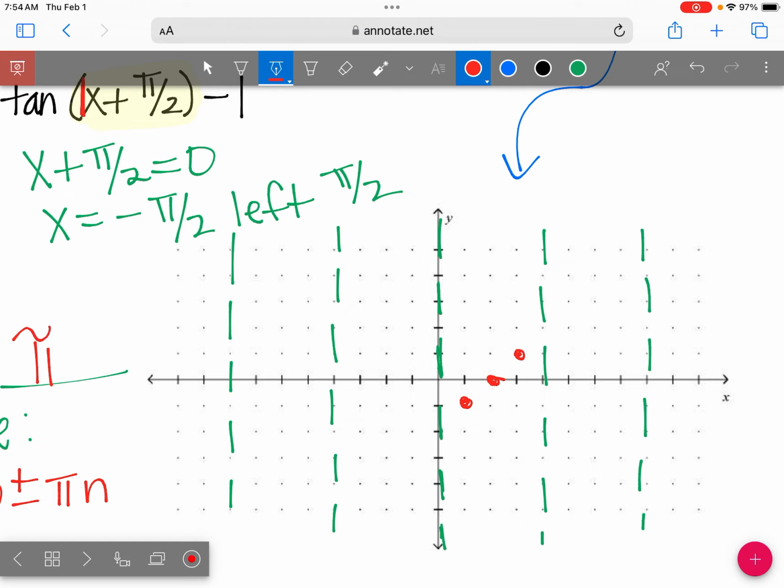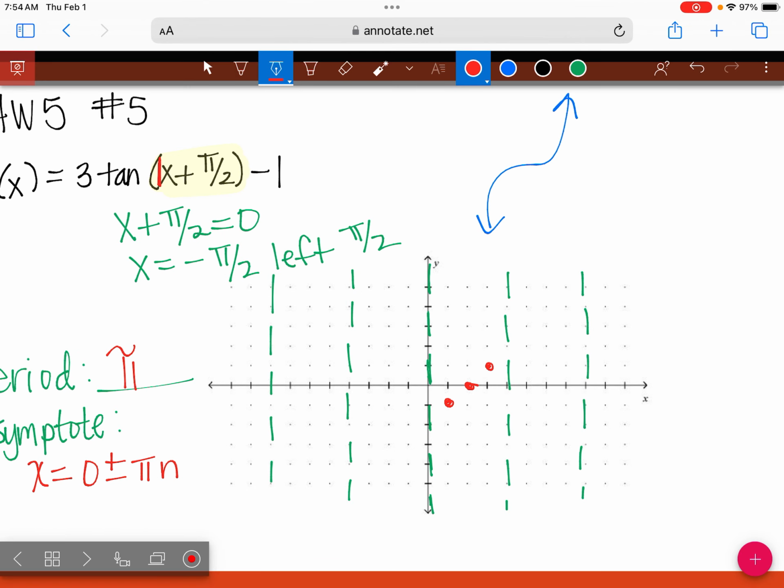Now, don't write this down. But we have a couple changes. The first change we have is a vertical shift down 1. And we have an amplitude of what? What's my amplitude? 3.